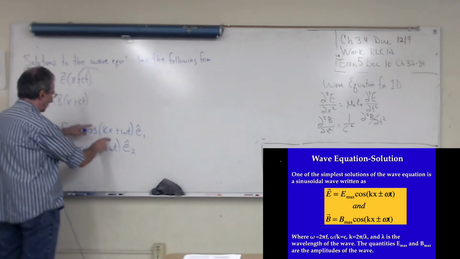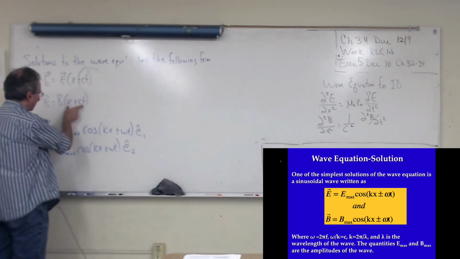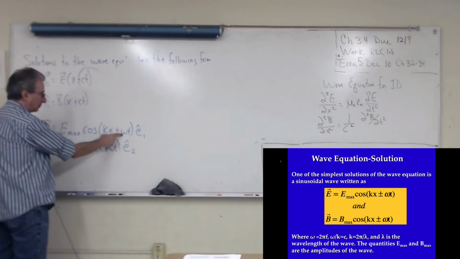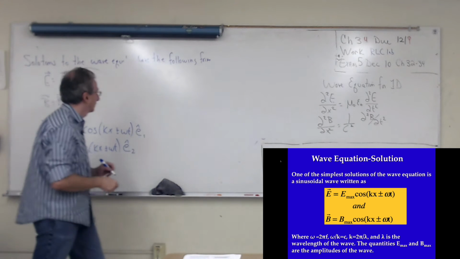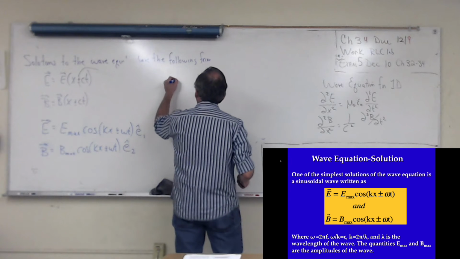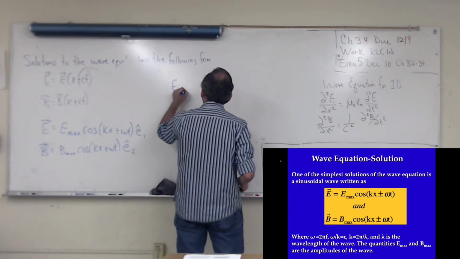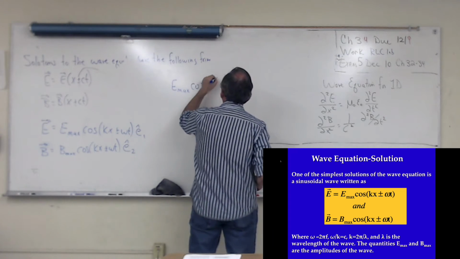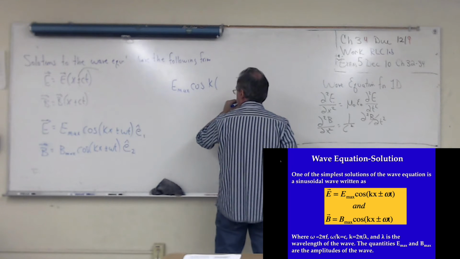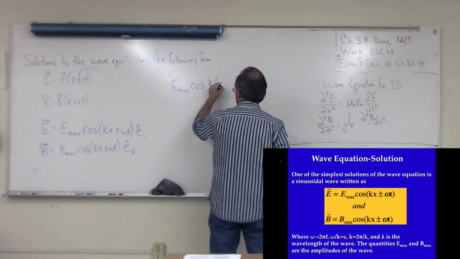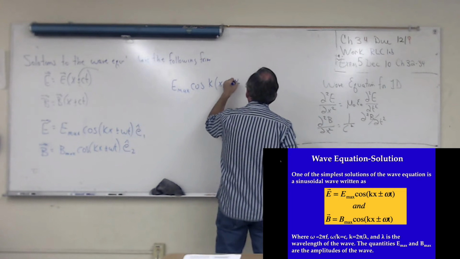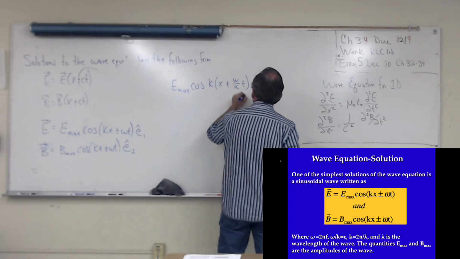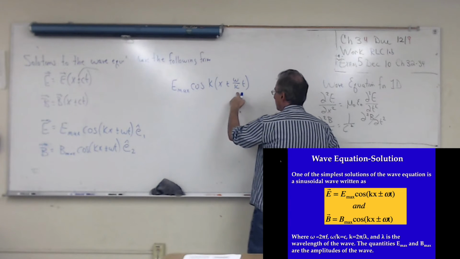And so you might say, well, this is different from this, but really it's not, because if you factor out the k, omega over k is c.